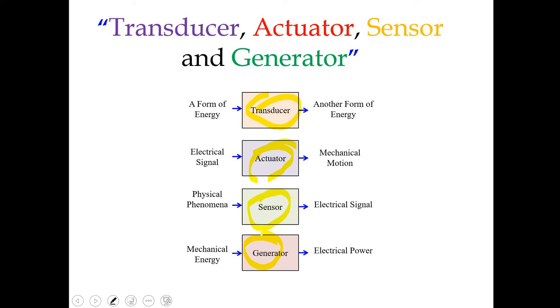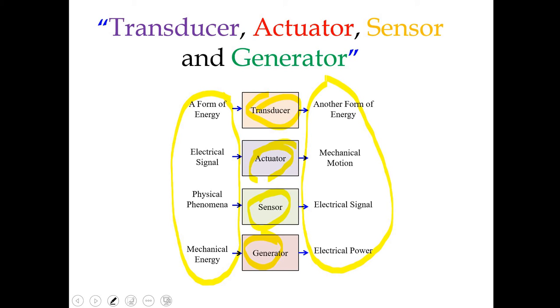Each one of them has a different functionality in terms of conversion. We can see them as converters that convert from a certain type of energy to another type of energy, and we will talk in detail about each one of them.